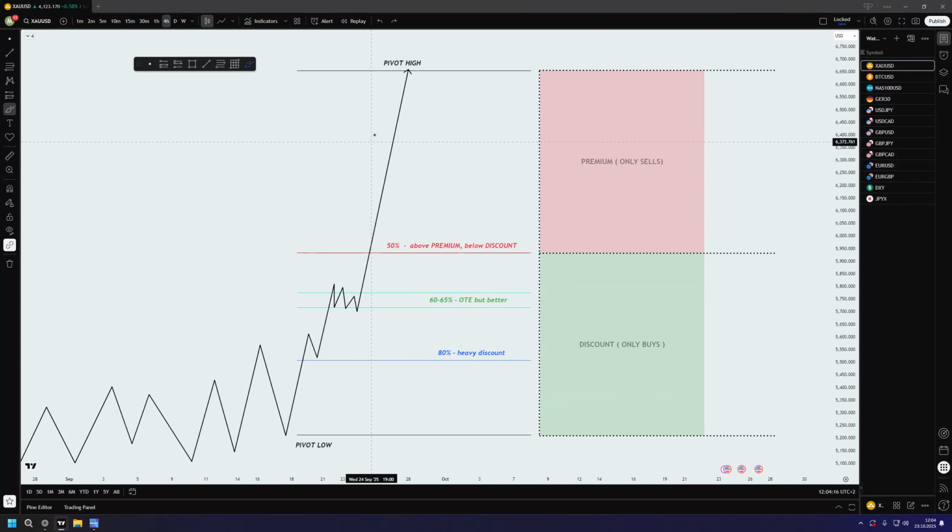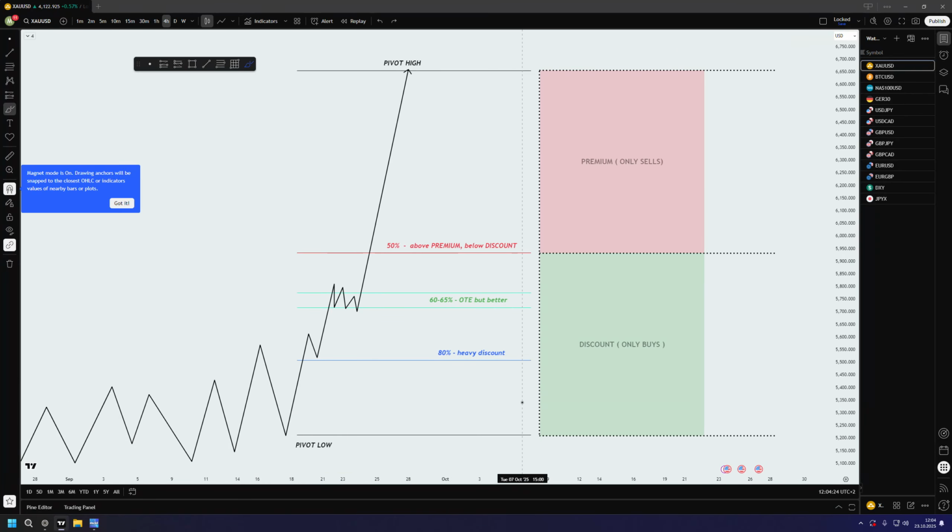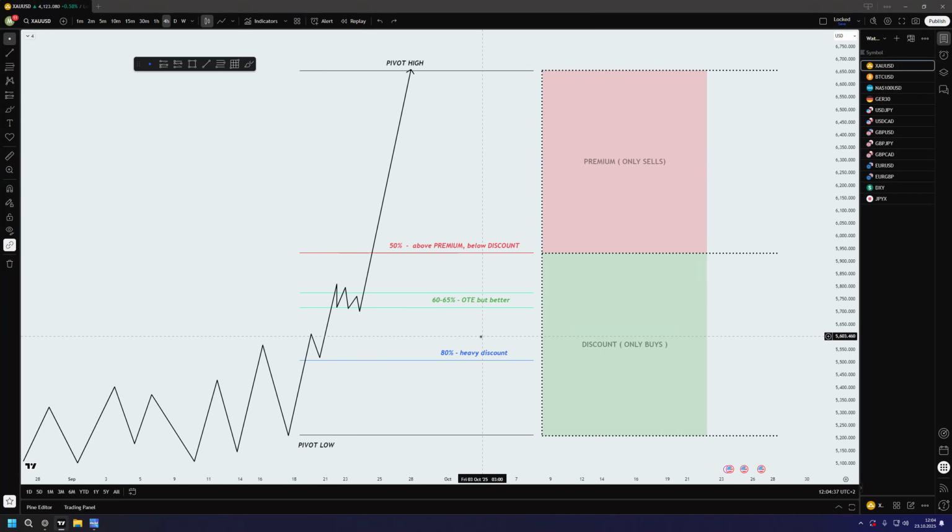Obviously the price could go all the way down to a POI or something, but it rarely happens in heavily trending markets and in a big higher time frame range. Okay, so let's continue.